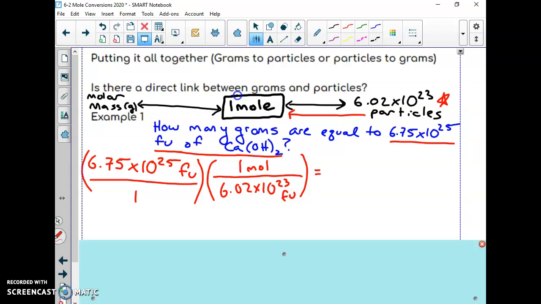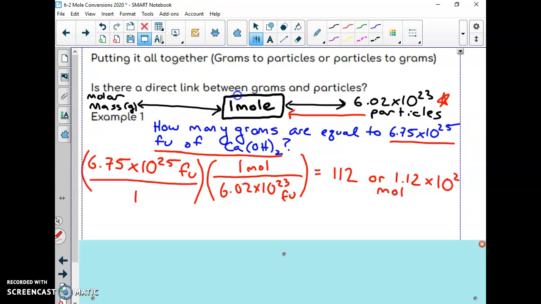We have to do some division: 6.75 times 10 to the 25th divided by 6.02 times 10 to the 23rd. And there's a fair number of moles. This is 112, or you might have it written out as 1.12 times 10 to the second, depending. But that's how many moles we have present in this sample.